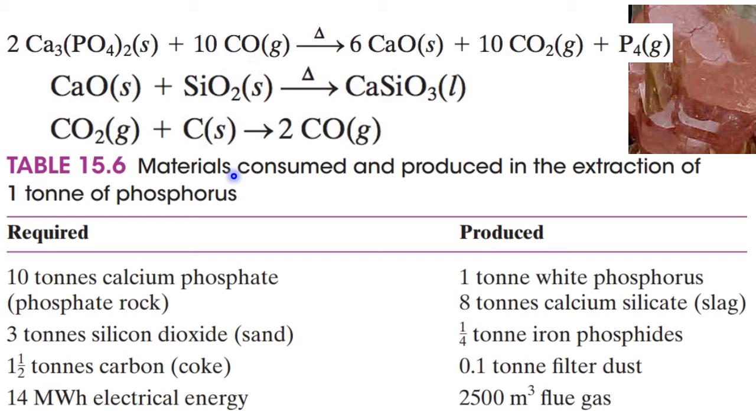Synthesis of phosphorus is a large-scale chemical process. Starting material usually is calcium phosphate, which is apatite. That reacts with carbon monoxide coming from burning of coal, or actually not coal, but coke.